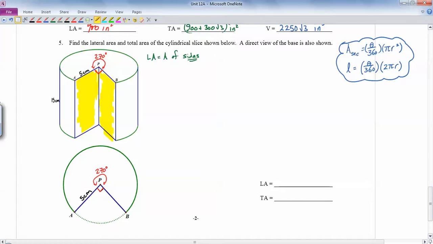Right? Now the radius is 5. Excuse me. So this is also 5. So really the area of this rectangle right here is going to be 5 times 15, because the height's 15 over here. And then this one's also going to be 5 times 15. So those rectangles are easy, right?